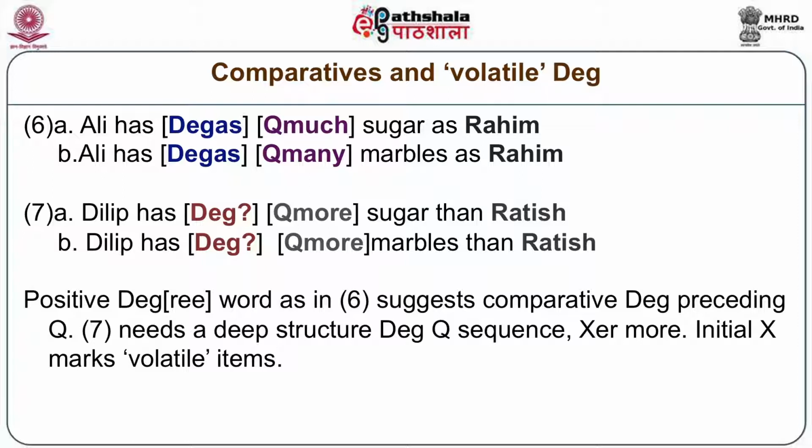So we treat more, which is a quantifier, as the morphological instantiation of the syntactic sequence more. More, degree plus quantifier corresponds to as much. More corresponds to as many.